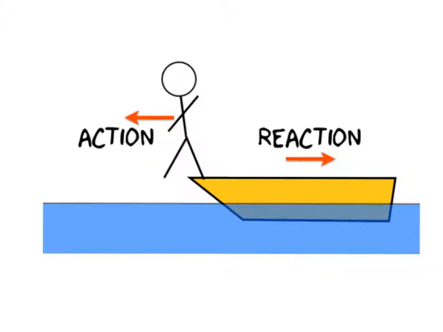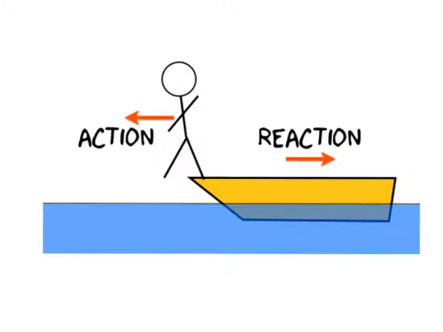The person's action is a force pushing this way. The force of the boat would be pushing this way. And because of friction, that boat doesn't really have the ability to push this way very much. It's actually going through the water.